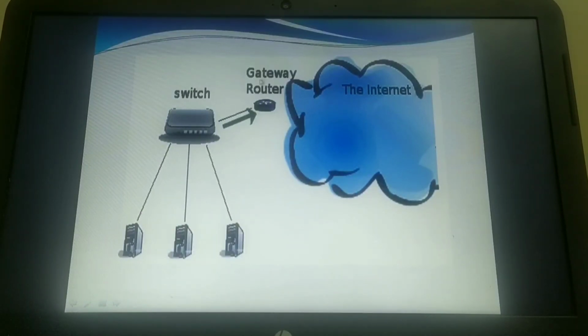That means the gateway acts as an intermediate because it can understand the data format which your network is using and the data format which the internet is using. So accordingly, it will convert and forward. It will accept the data and forward it to the destination. It will accept the data from the destination and forward it to your computer system. So here the gateway is acting as an interface.